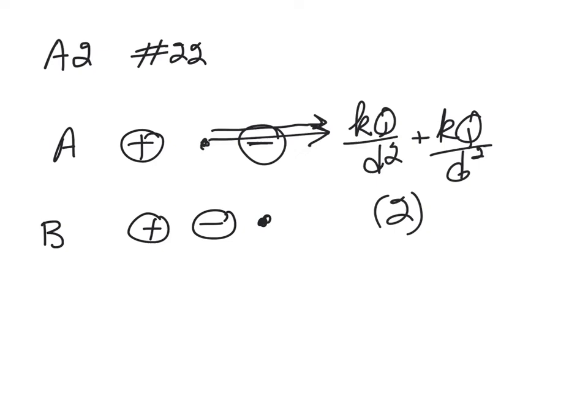And then in the case of B, you have a field this way due to the negative charge and a field this way due to the positive charge. So the positive charge is going to be kq over 2d squared. That's positive. You have to subtract from that the field due to the negative charge, which is much bigger because it's closer.